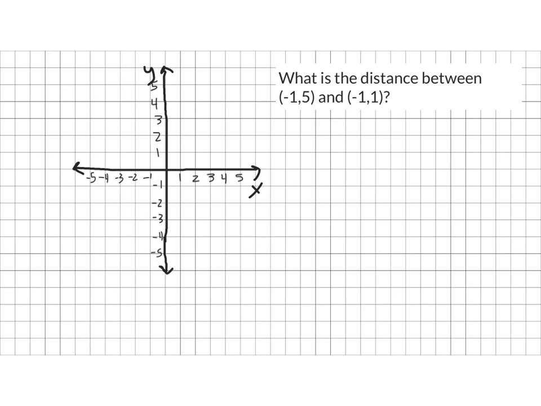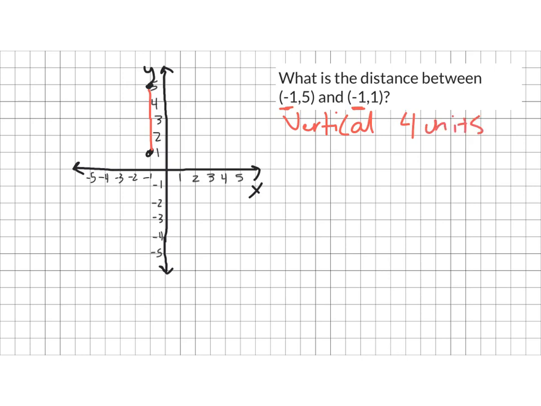So first of all, we know that these points have the same x coordinate, which means they must be vertical. Let's plot those points. (-1, 5) and (-1, 1). And we can see by looking at the graph that they are 1, 2, 3, 4 units away.